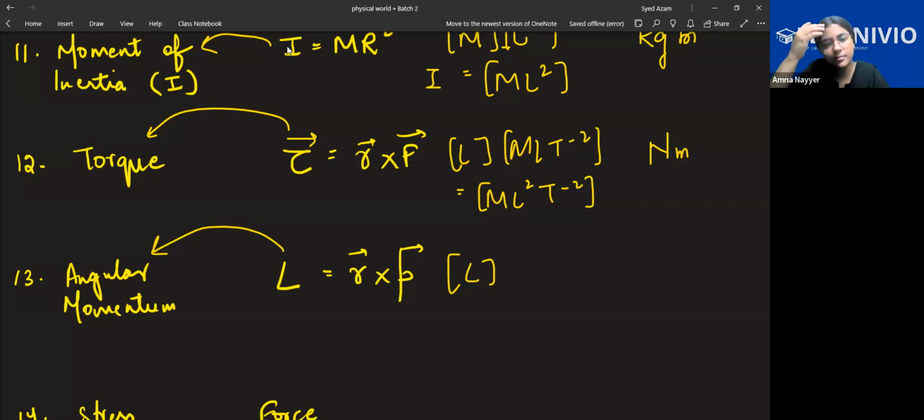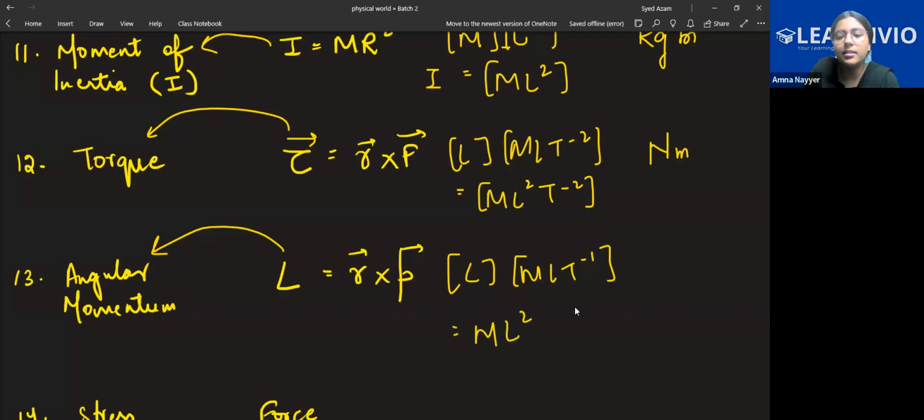Yes, the dimensional formula. Momentum is mass into velocity. So it's ML T raised to minus 1. Exactly, MLT to the power minus 1. So the formula of angular momentum will be M L square T to the power minus 1.